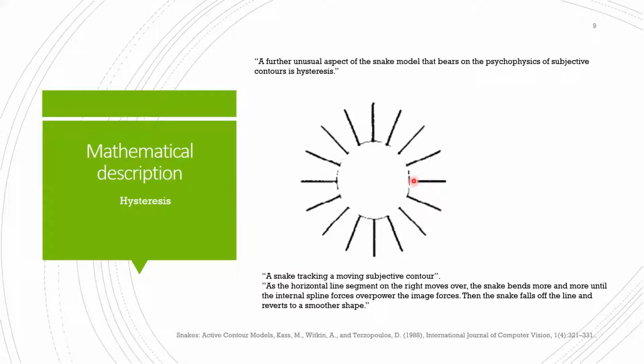So at one point in time, the image force and internal energy are equal, and after that, the image force is lesser than the internal energy. At that point, it will give precedence to the internal energy, and it will snap back and leave that image. This is hysteresis.